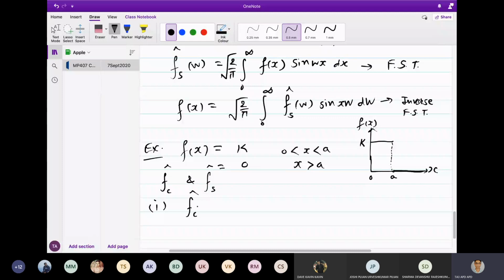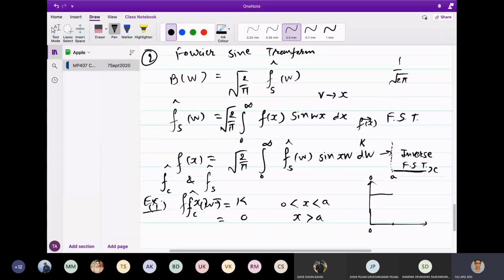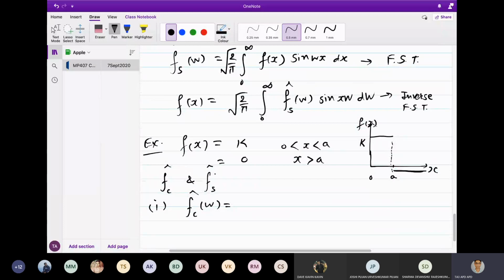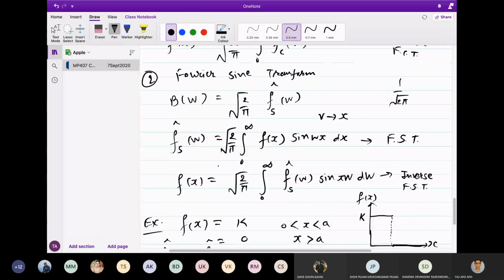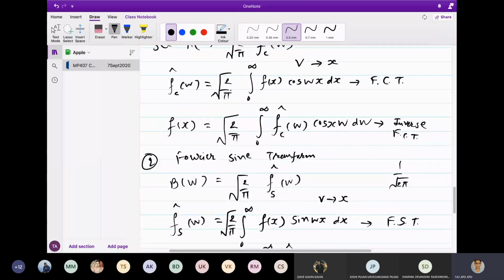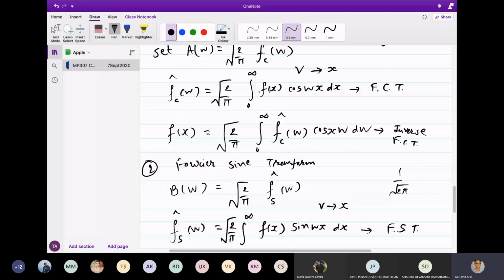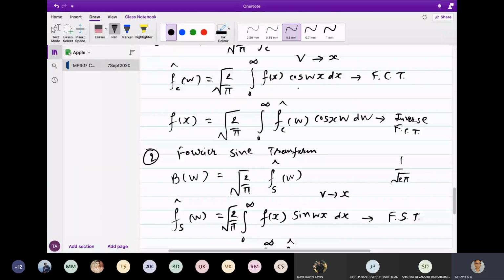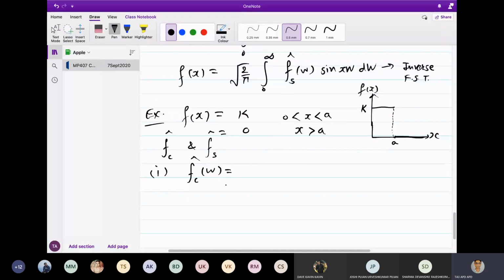So for the Fourier cosine transform, we just apply the equation: under root 2 over pi, integral from 0 to infinity of f of x cos wx dx. The integration from 0 to infinity is split into 0 to a and then a to infinity.